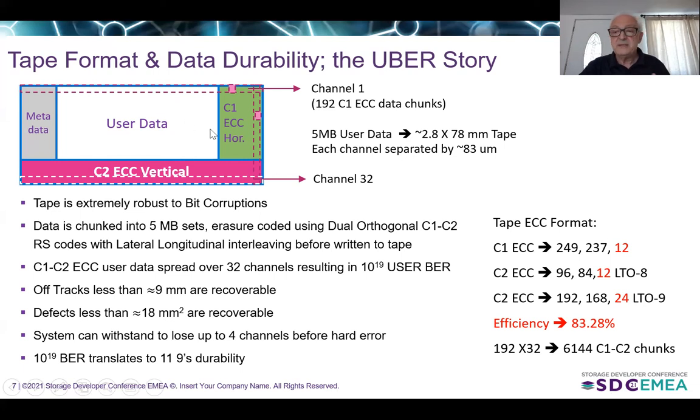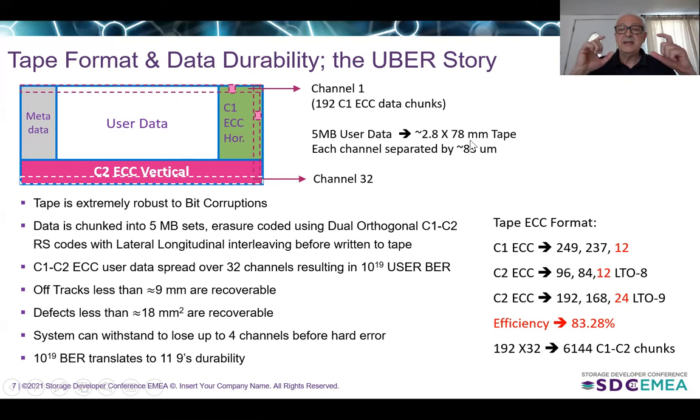When you do this, based on the linear density and the track pitch, which we discussed earlier, you end up writing this 5 megabyte erasure coded with metadata data set to a physical space on tape that covers approximately 2.8 millimeters height and 78 millimeters length.